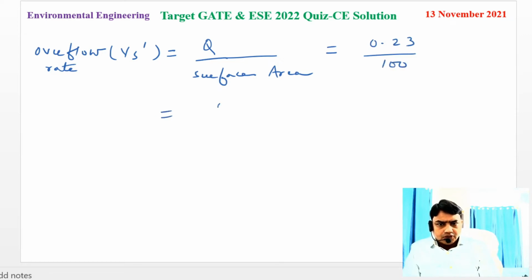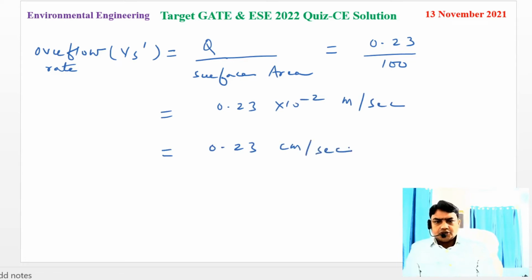So it is 0.23 into 10 to the power minus 2 meter per second. So if I compute in centimeter, it will be 0.23 centimeter per second.